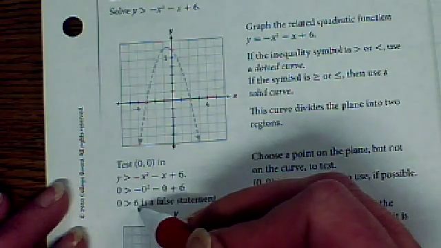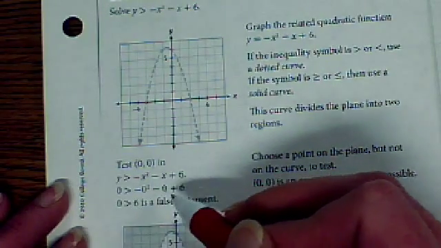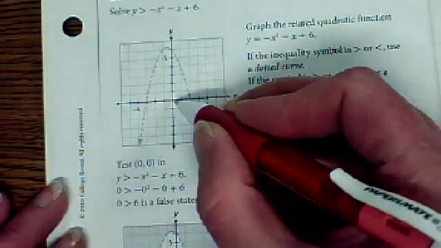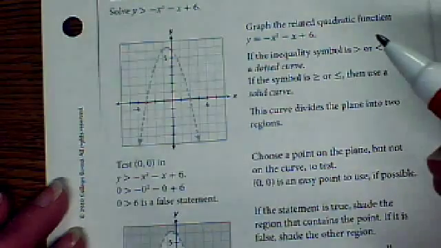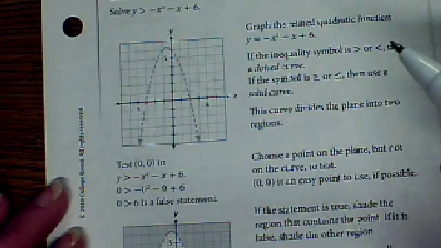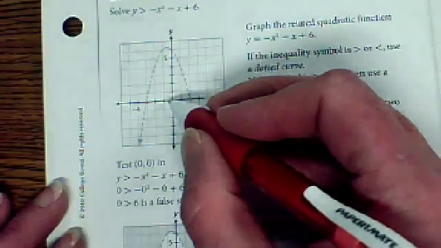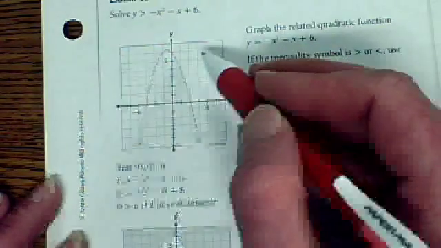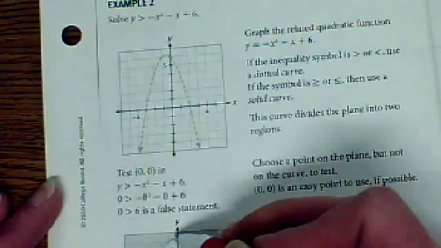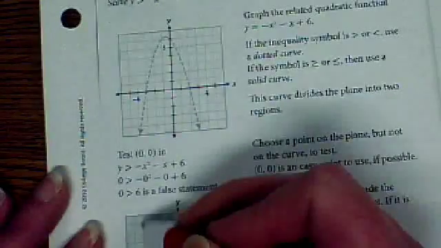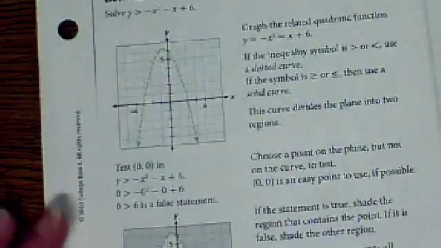They got 0 is greater than 6. That is a false statement. That means that 0, 0 was not part of the solutions. It's not part of that feasibility region. So you don't shade there, you shade above. And that's another way to think about it. Greater than would mean we're going to shade up over the quadratic.